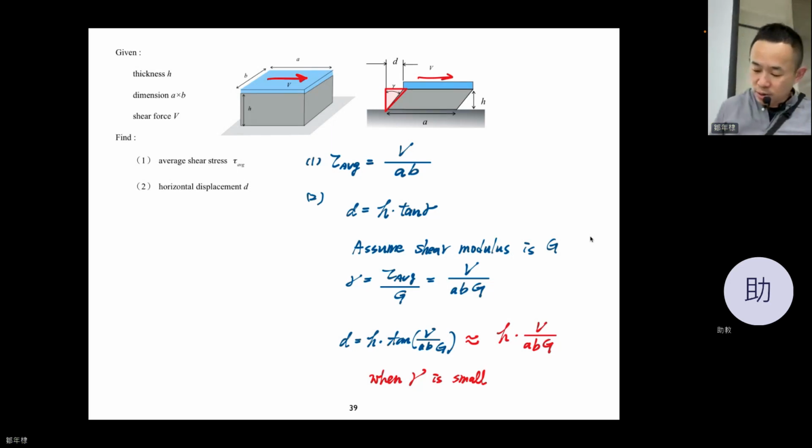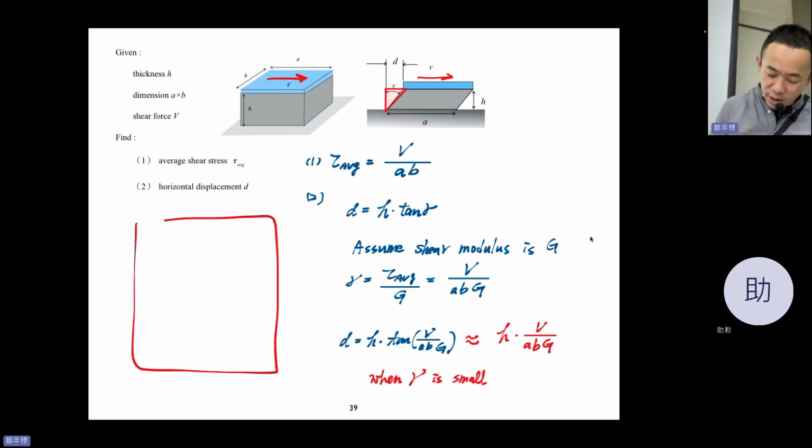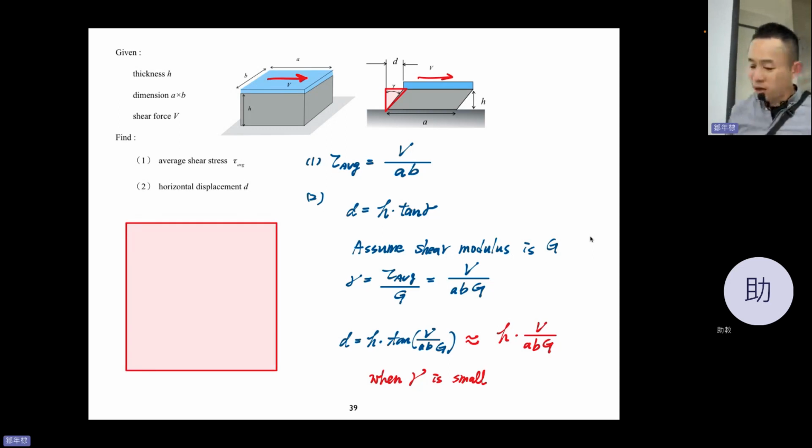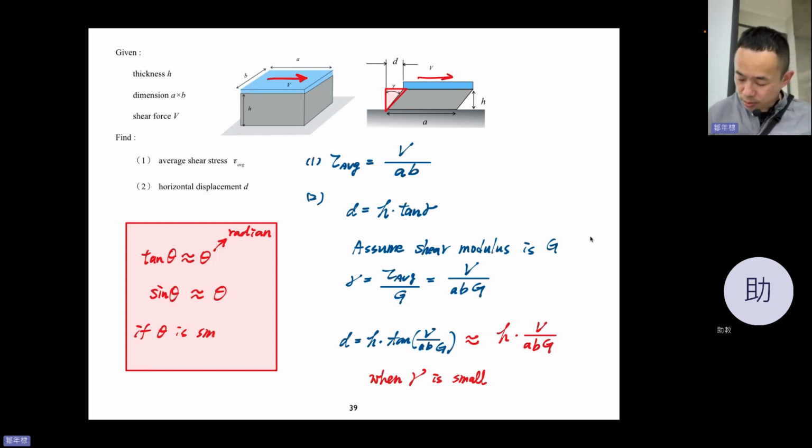So the real important concept here I want to give to you is that tangent theta will approximately equal theta, remember this is radian, okay? And sine theta will approximately equal theta if theta is small, okay?